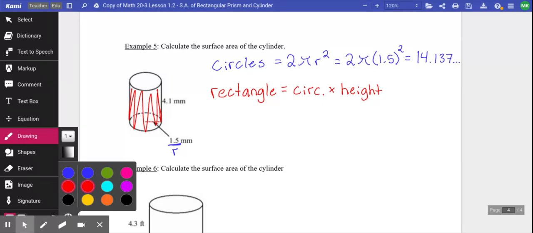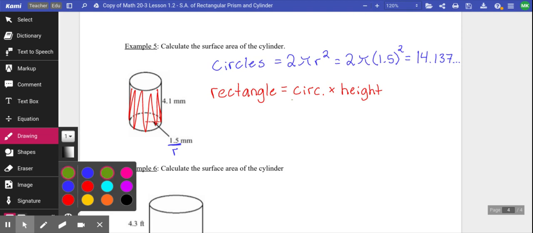So circumference of a circle is equal to, not equal to r, it's equal to 2 pi r. Yeah, it is. Right? It doesn't say that on Google, but I'm positive it's 2 pi r. Yeah, we're going to go with it.